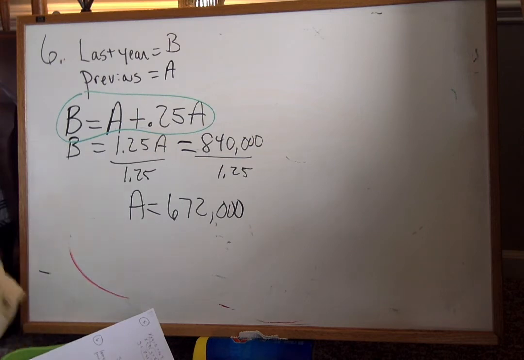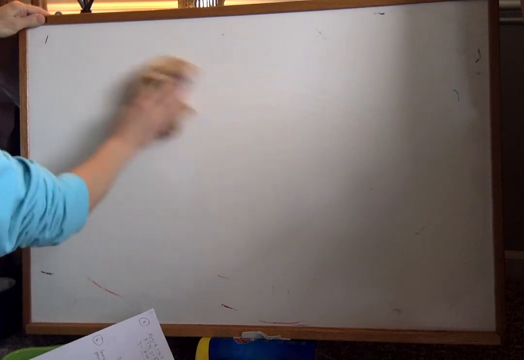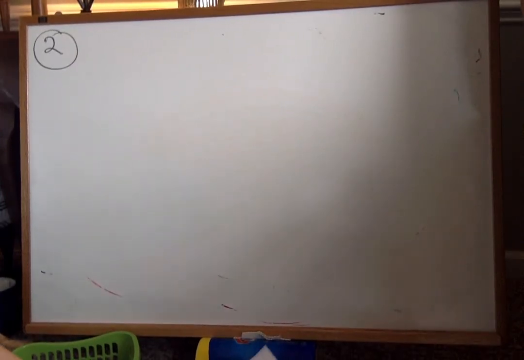All right, now the last one we have is number 2. A town has been using, so this, a lot of growth in here, percentages, we got 3 different years.